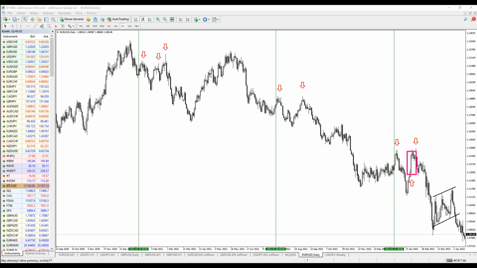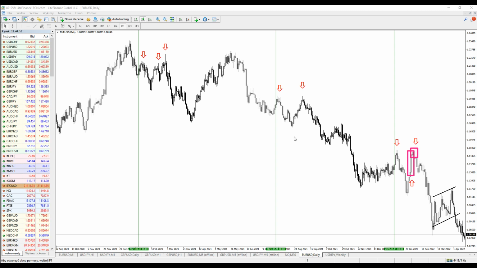As you can see with these examples, whenever we saw the upper shadows, we were rejected and went in another direction. Also with this huge markup to the upside and then upper shadows.